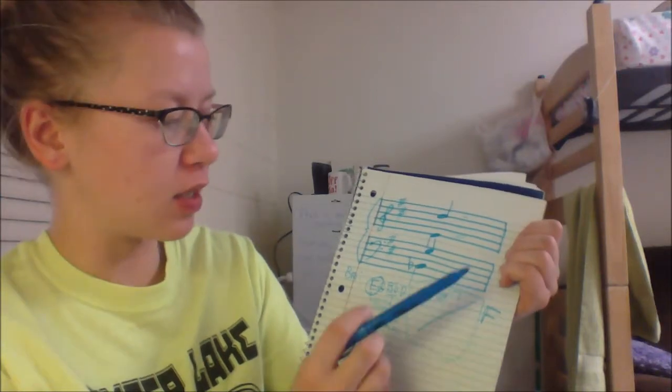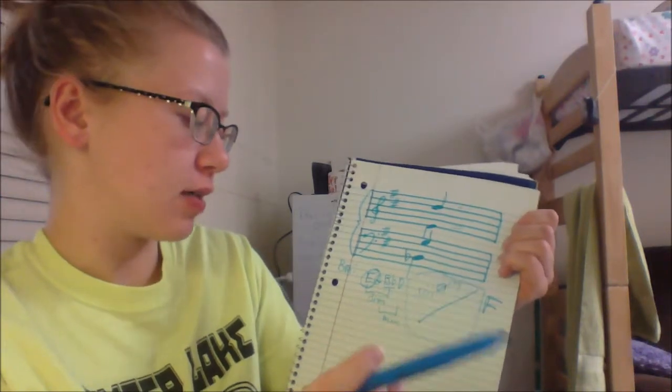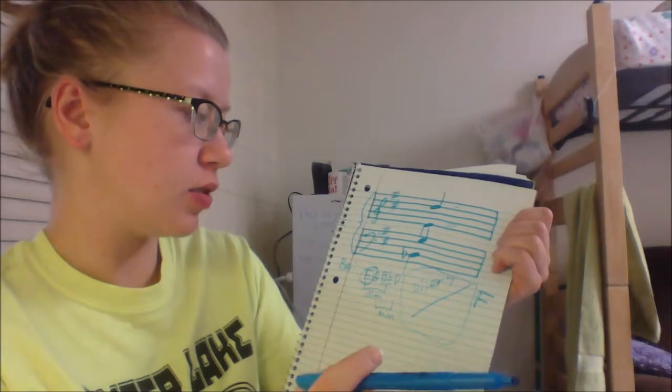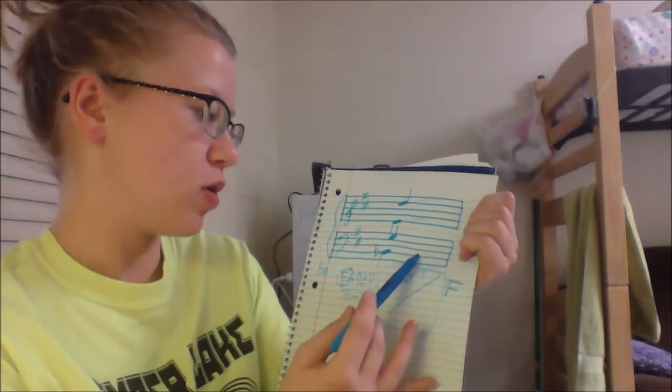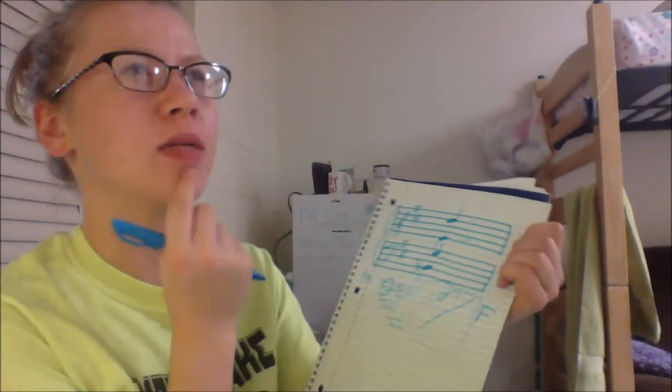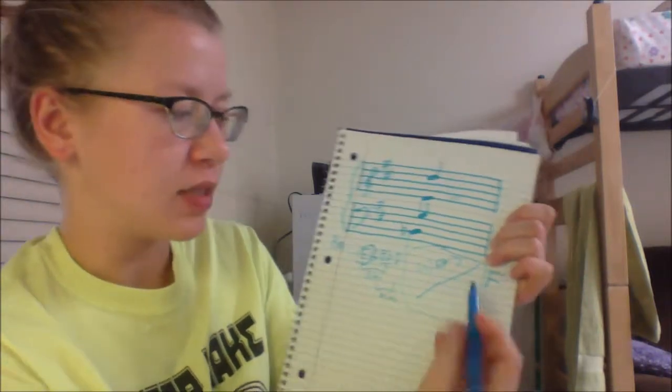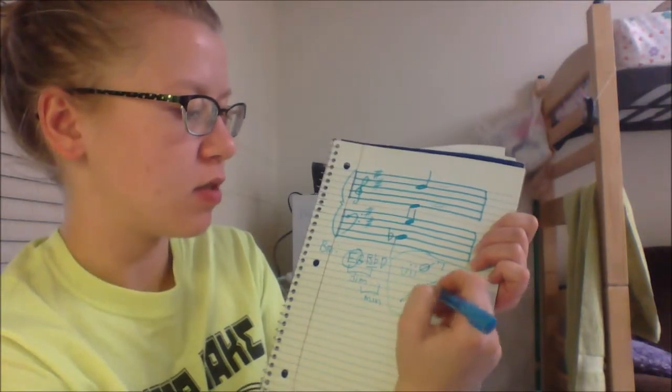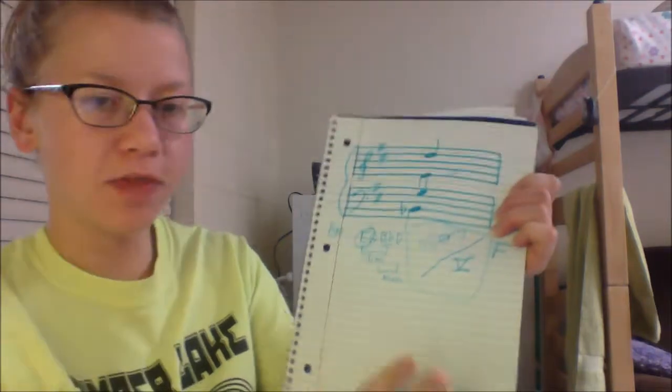If you find a B on the staff, you can count up until you reach the F. So 1, 2, 3, 4, 5. Or you can think in your triads and be like, okay, B, D, F. F is the 5th. So we ended up with a 7 half diminished 7 of 5.